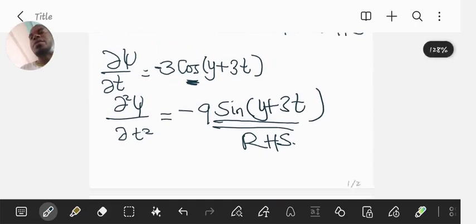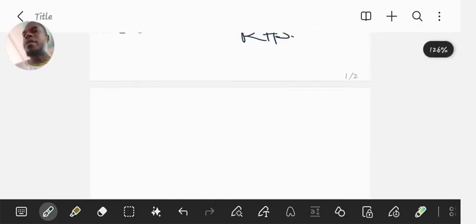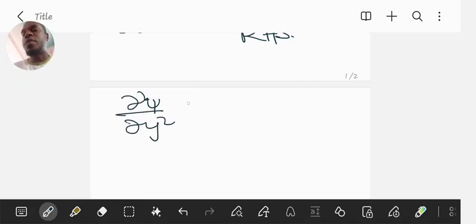Let's go and substitute. The second partial derivative of psi with respect to y equals 1 over v squared times the second partial derivative of psi with respect to t.